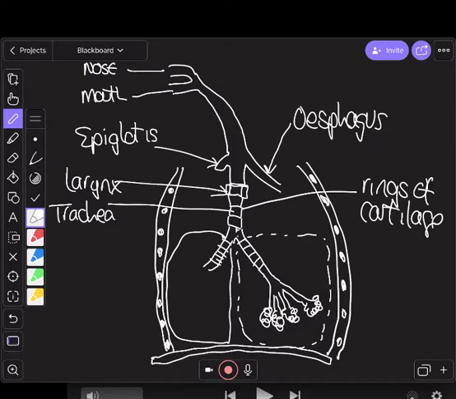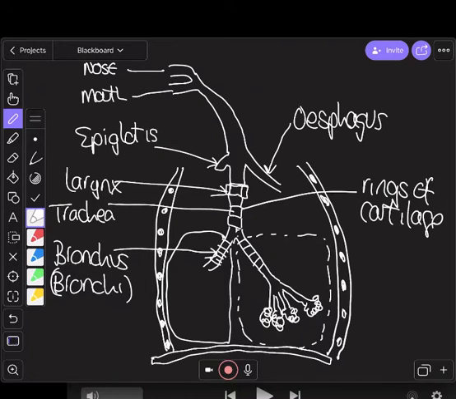So when it divides the first time, it forms what's called a bronchus, and you need to be really careful in your diagram if you are using the singular or the plural. So this is a bronchus, B-R-O-N-C-H-U-S, and the plural would be bronchi. So remember what you're labeling.